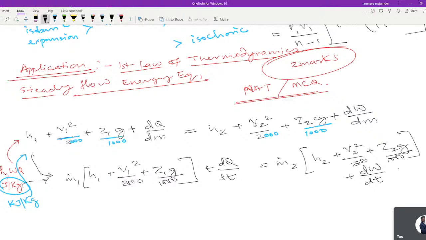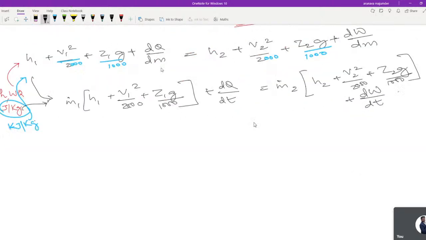Now there are certain basic conditions to apply on this equation. For example, if they give that you have a throttle device, and considering the enthalpy on both sides of the throttle device are the same, then h1 equals h2 on that condition if it is a throttle device.